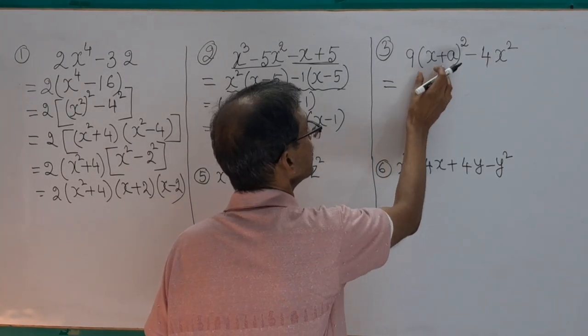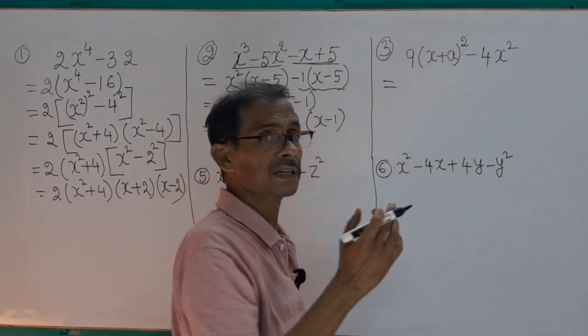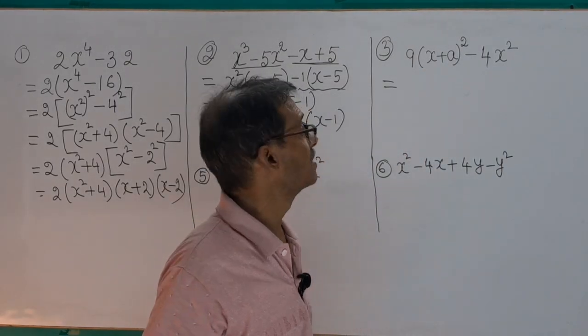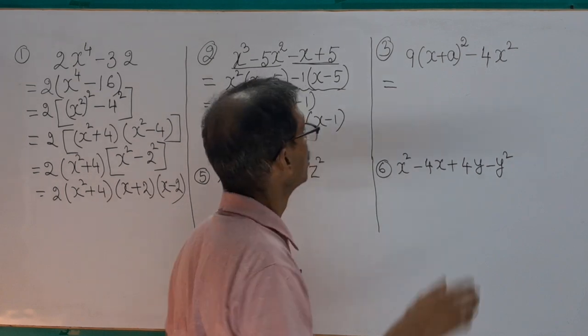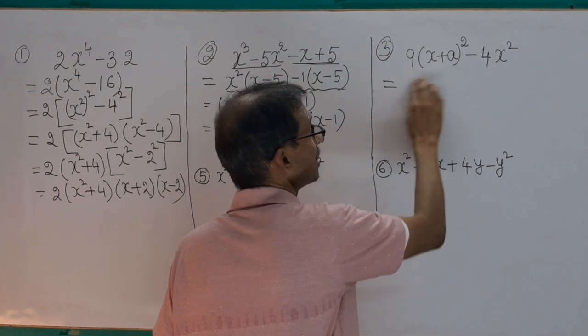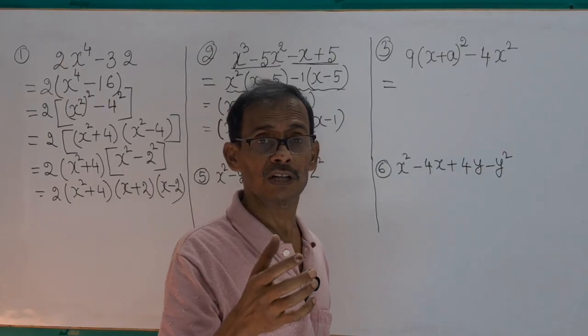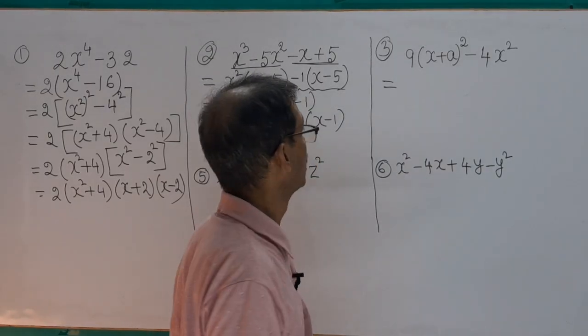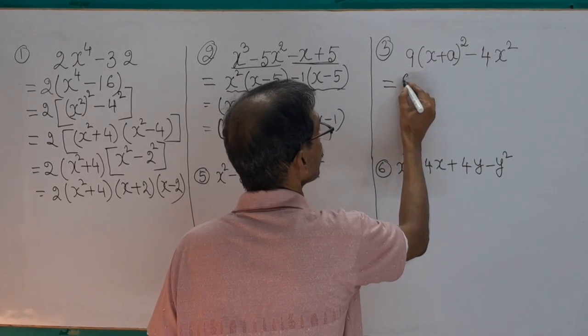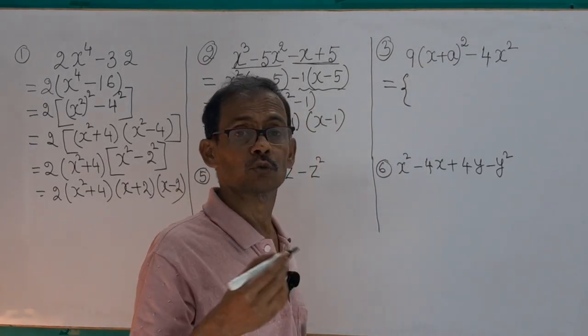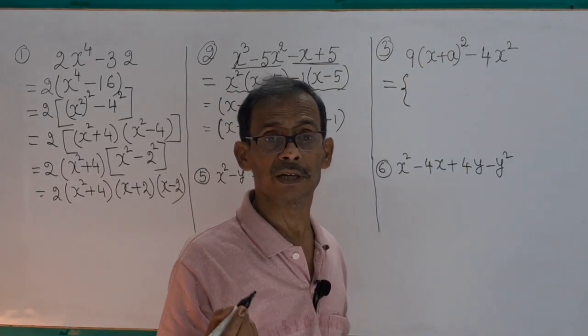Students think 9 into x plus a is the square number. No, you have to make it a single square number. 9 into x plus a whole square, you have to make a single square number. How to do it? Put a curly bracket here, and you know 3 into 3, 9. So 3 square becomes 9.